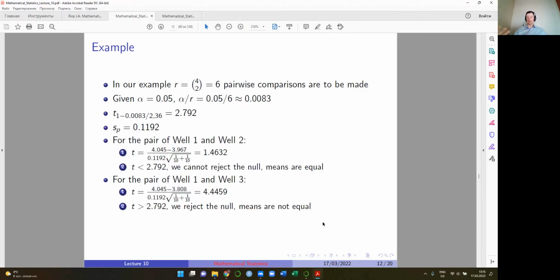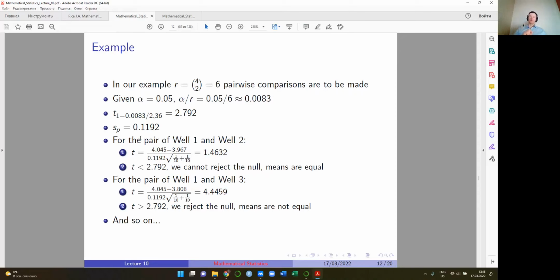I decided not to do this for all pairs, but you see that at least for these two pairs, the result is exactly the same as the previous method. So it's simple. We can use the familiar method from the two sample hypothesis tests.